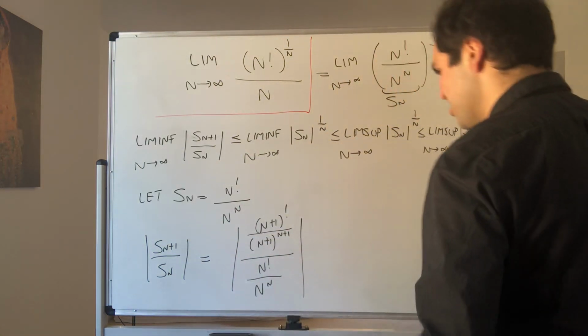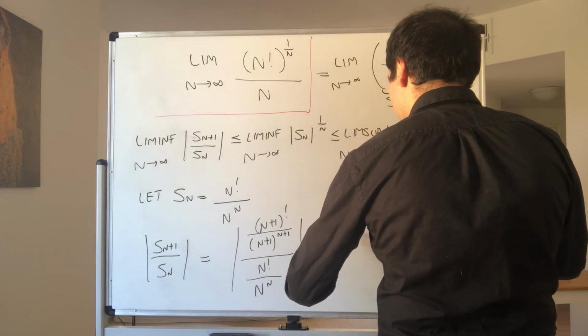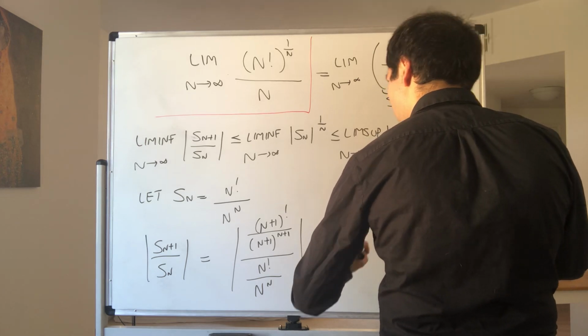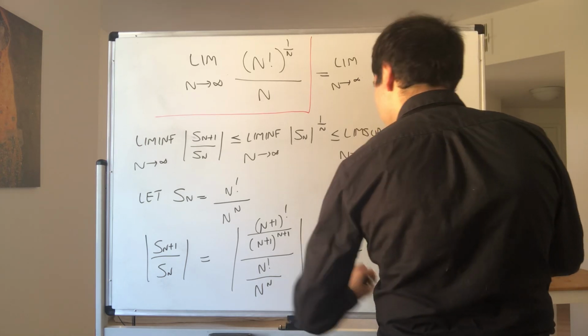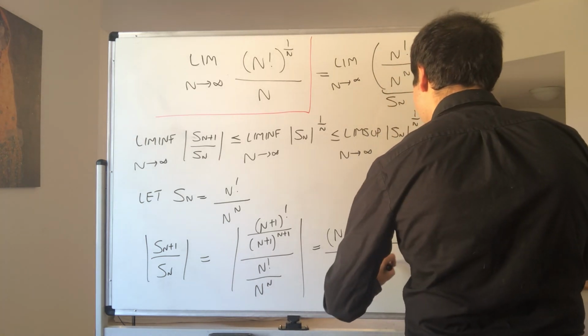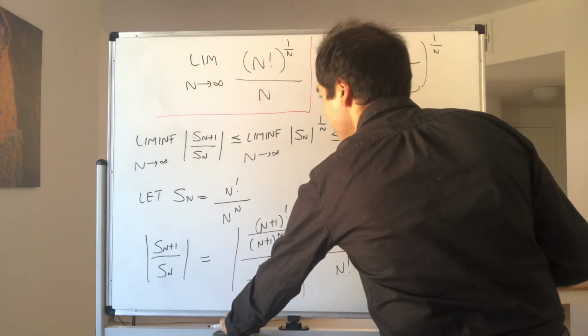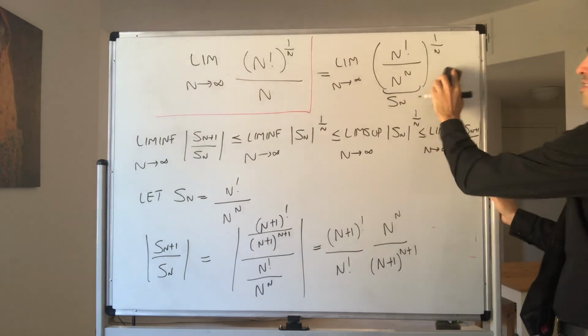Lots of n's here, and then let's split this up. So this becomes (n+1) factorial over n factorial times n to the n over (n+1) to the n+1. And you'll see this simplifies very beautifully.